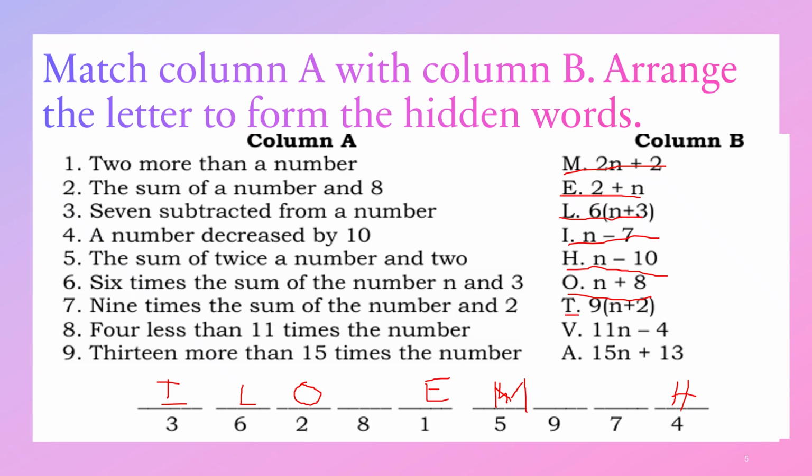So T. That means number 7 is T. Then 4 less than 11 times the number. Okay, so we have V. Number 8 is V. Okay, and number 9, 13 more than 15 times the number. So that means the hidden words are I love math.